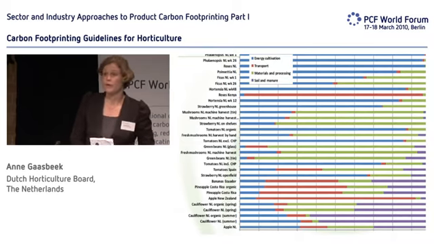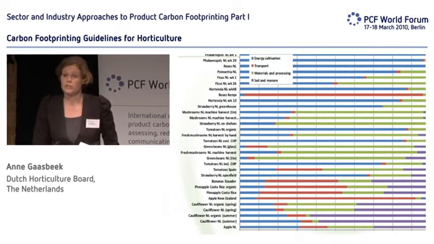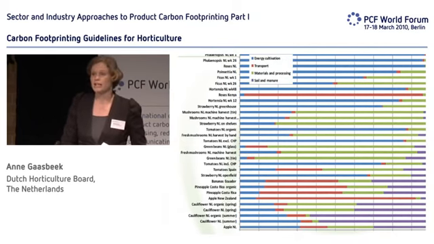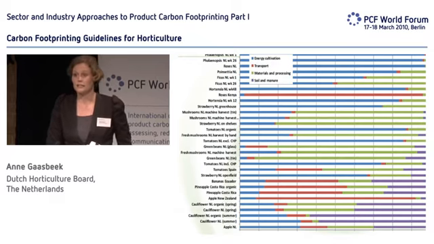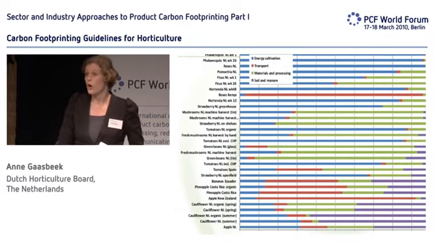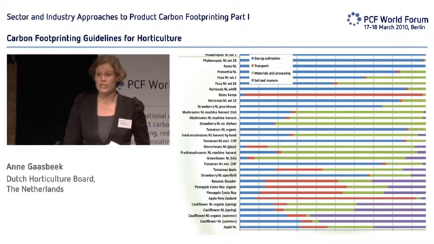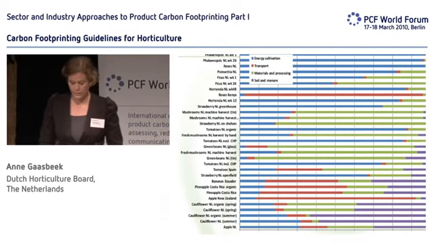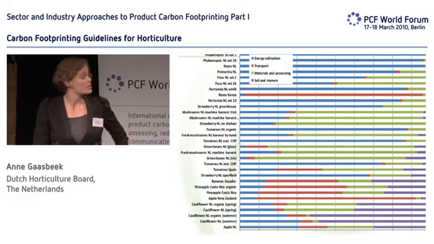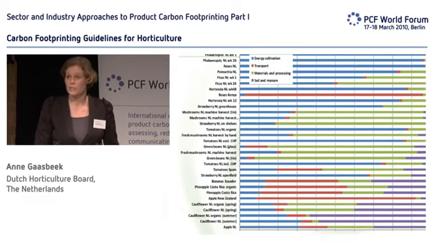This is an overview of the 32 cases we conducted, and this shows the relative greenhouse gas emission of the different cases. As you can see, it shows really well the distribution of the greenhouse gas emission through the value chain.